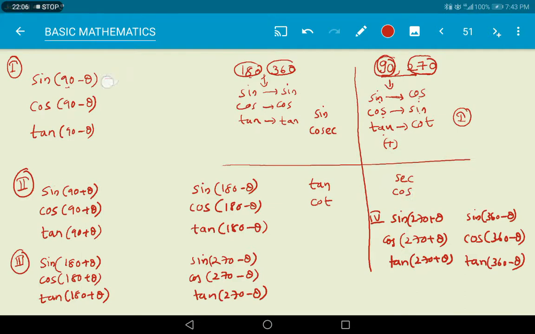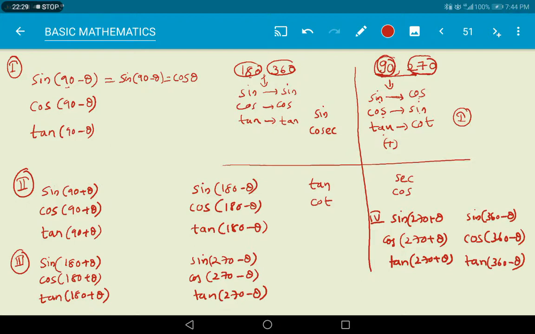Let us take one example. Sine of 90 minus theta gives cos theta, because I told you that the function changes if 90 or 270 is there, that is, in odd quadrants.